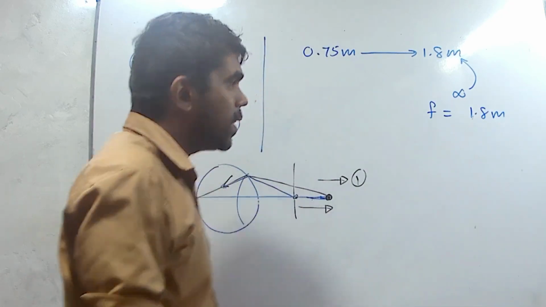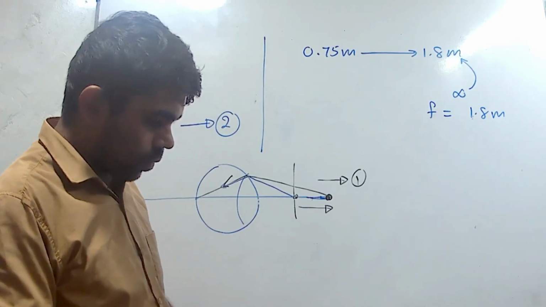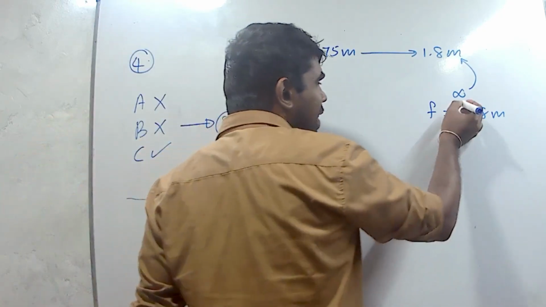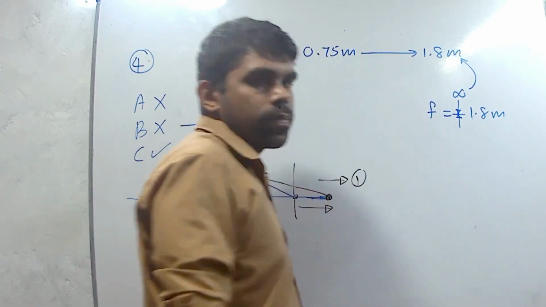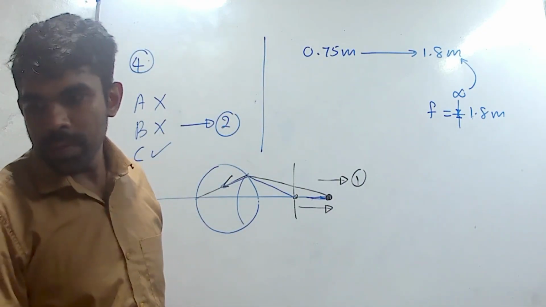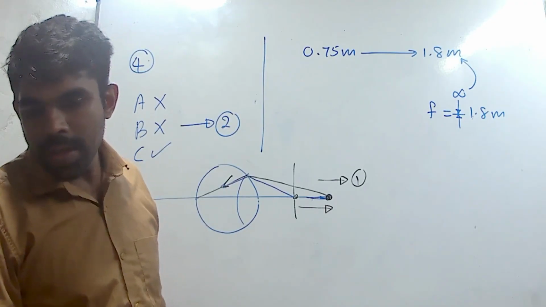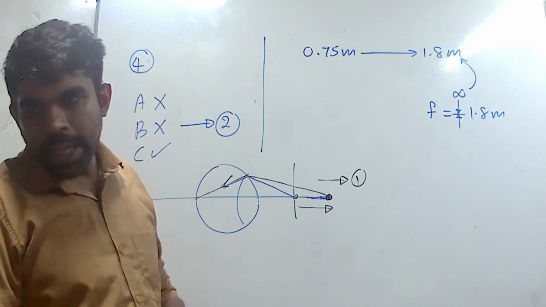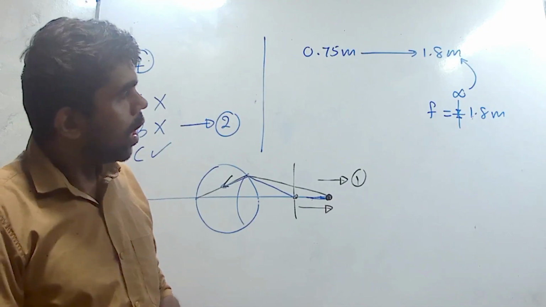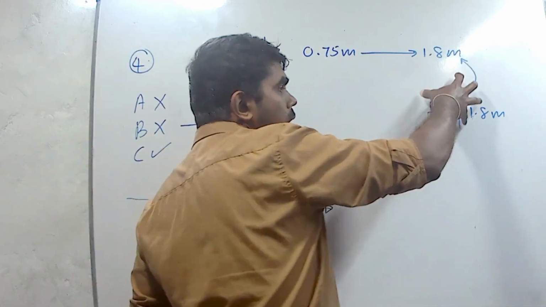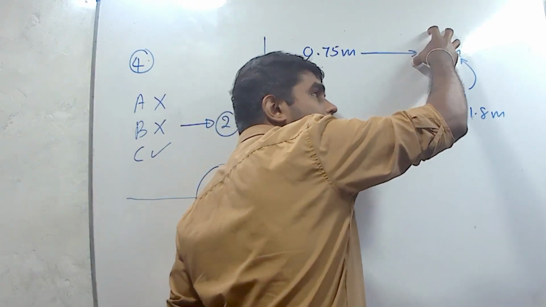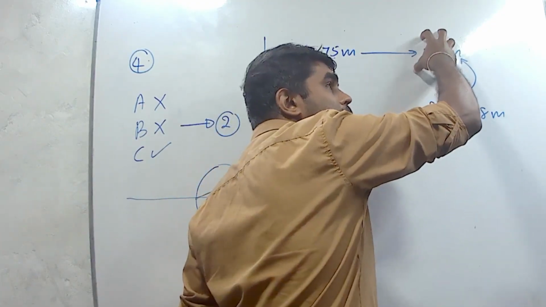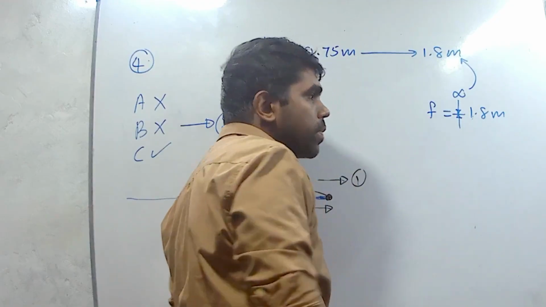We know that we use concave lenses to see infinity. Concave. Then, considering the range of vision, the maximum distance he can see is 1.8 meters.